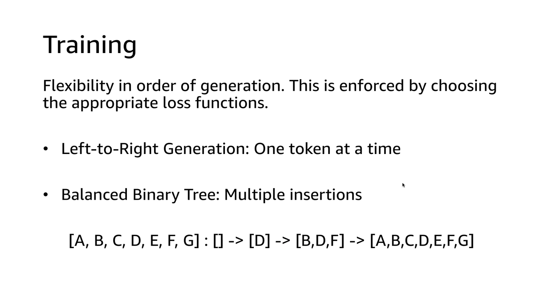I'm guessing that is an inductive bias, which is really what makes the model on par with a transformer. So this is what you're trying to train the model to do when you're using a balanced binary tree loss.